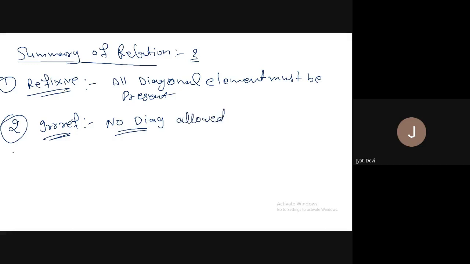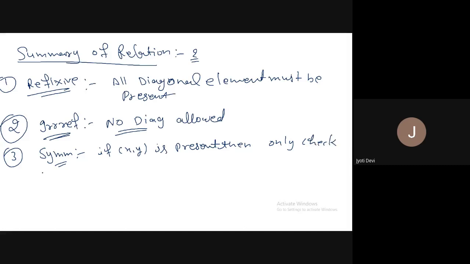Next, the third is symmetric. In symmetric, if (x, y) is present, then only check for the (y, x) pair.